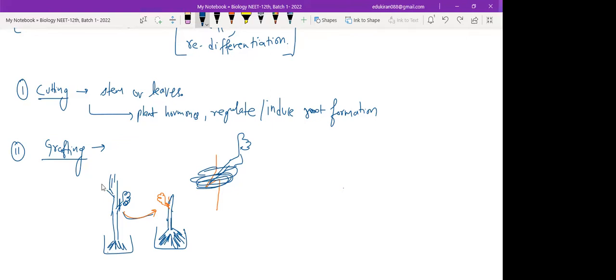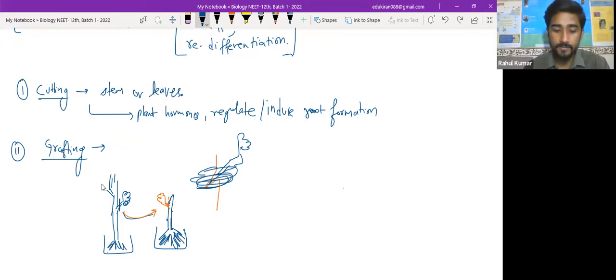Grafting can be a little tricky to do, but once successfully done, it is a better system. So write down the tissues of the graft. The part that we are putting in is called the graft.